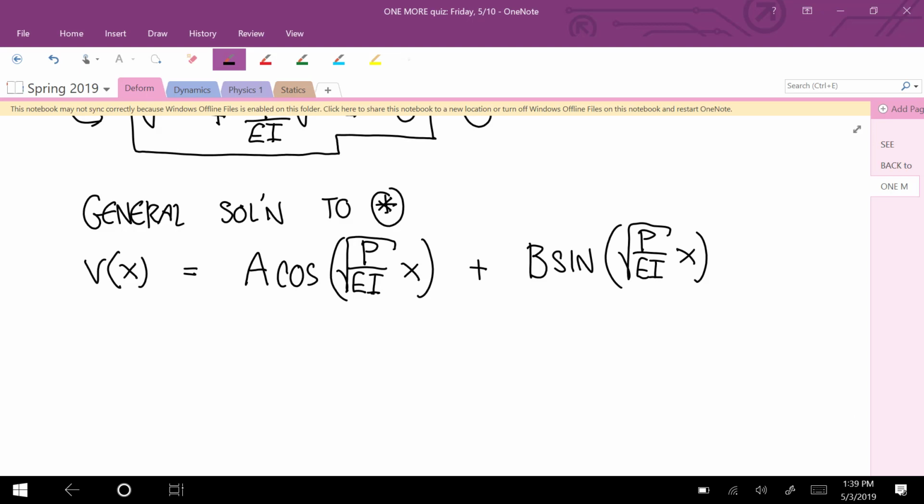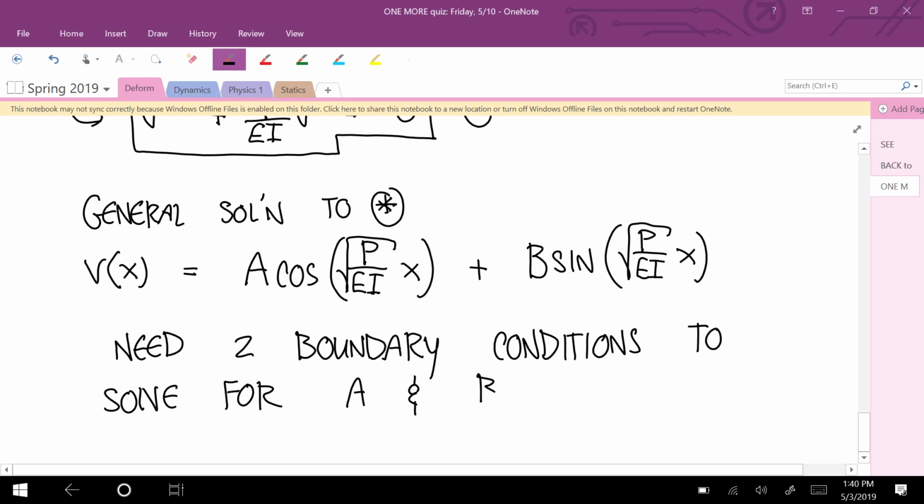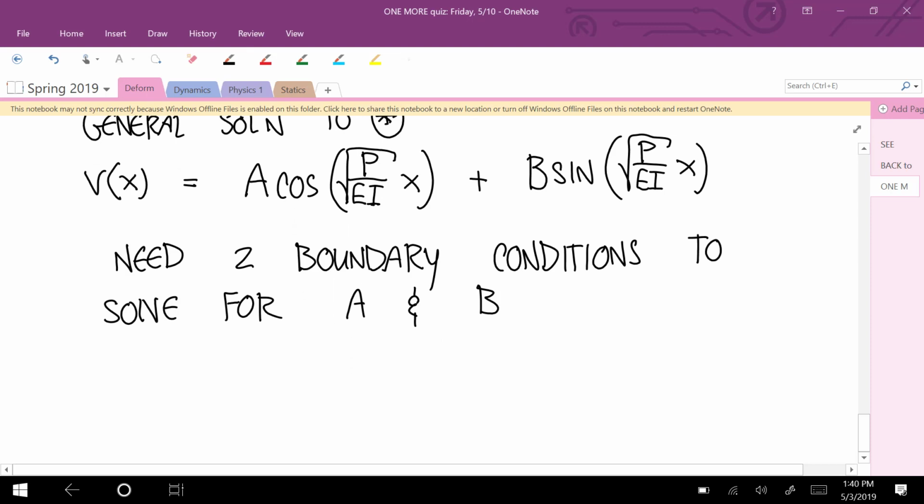So we're trying to figure out the value of these constants. Okay, so we need two boundary conditions to solve for these constants A and B. And the two we're going to use are first, at x equals 0, at the pin, the deflection has to be 0 because the pin's locking it in place.